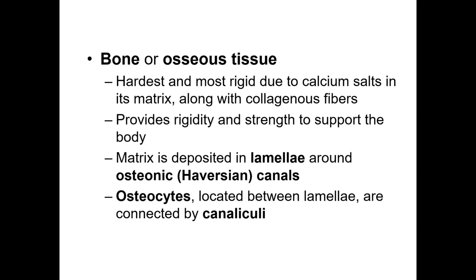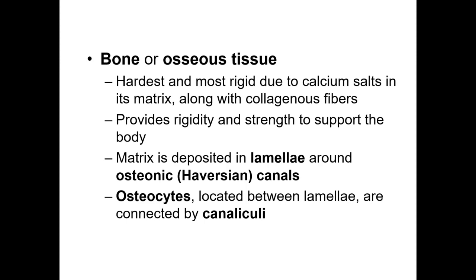The tiny lacunae between the lamellae are occupied by mature bone cells or osteocytes. Delicate canals called canaliculi radiate from each lacuna to its neighbors and allow the osteocytes to contact each other.